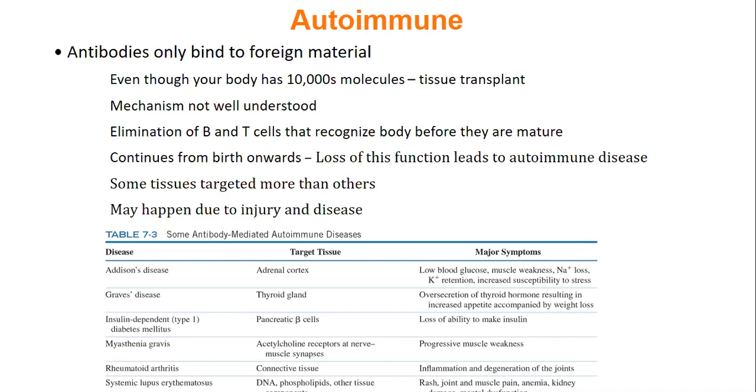They become overactive. Like I said, those of you who have taken immunology classes probably know more about this than I do. I'm more on the antibody binding thing.